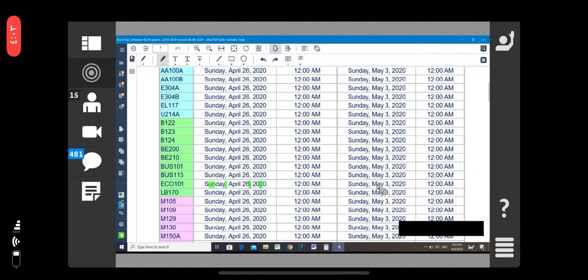In other words, the due date is May 3rd at 12 a.m. So the due date for you is Saturday at the end of the day. Am I clear?